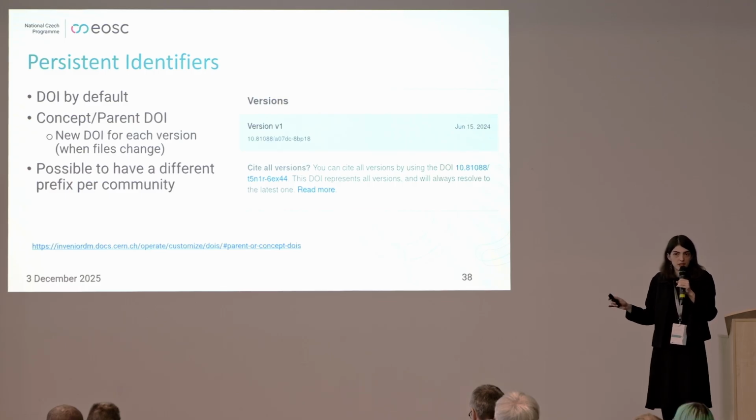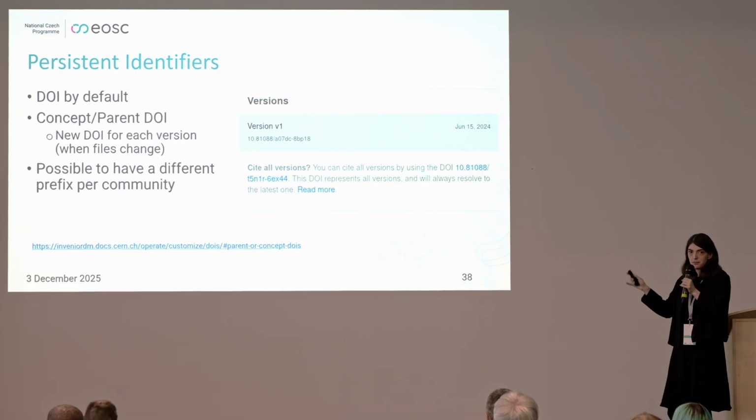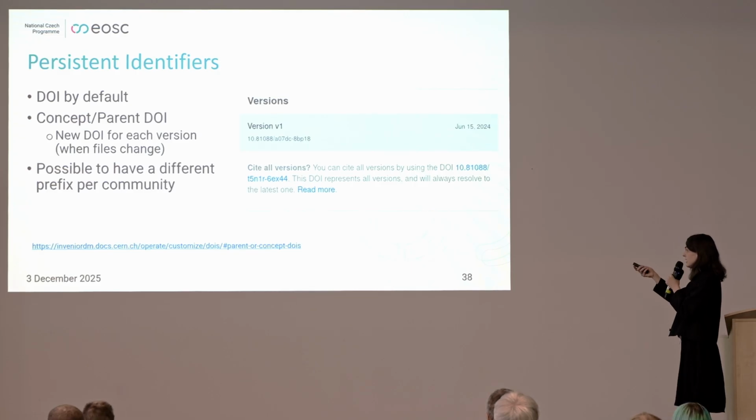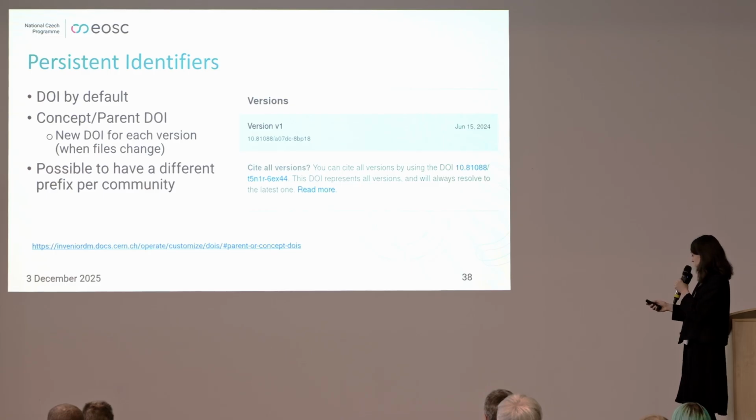If you just need to update the metadata, a new version doesn't need to be created. Those changes are still tracked, we can see what changed, but that is done using revisions. Technicality, but we get a lot of questions about that. And it is possible to define a different DOI prefix per community if that was something you needed. If not, don't care about it.